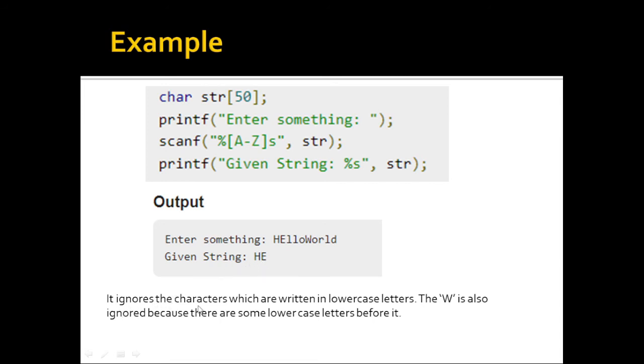It ignores the characters which are written in lowercase letters. The W, also in uppercase, is also ignored because there are some lowercase letters before it. Once it encounters a lowercase letter, the remaining characters will no longer be scanned. So that's the use of this example, A to Z.